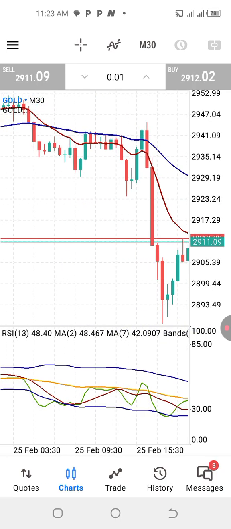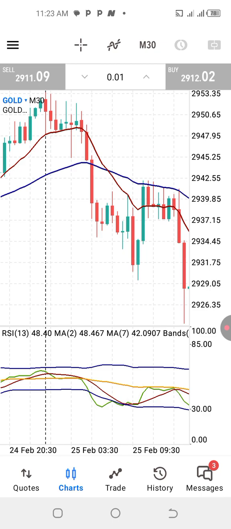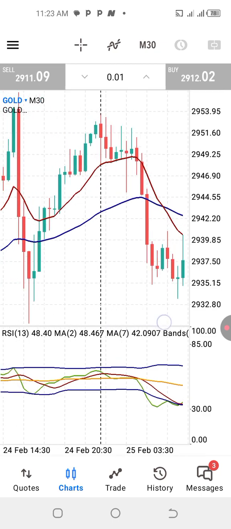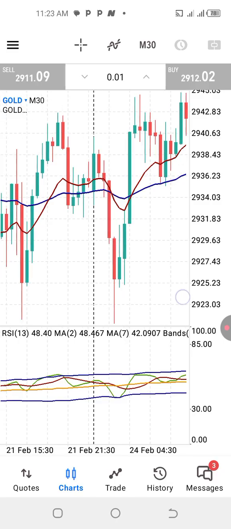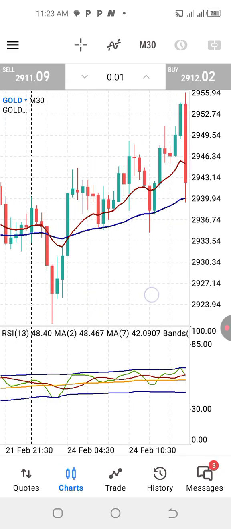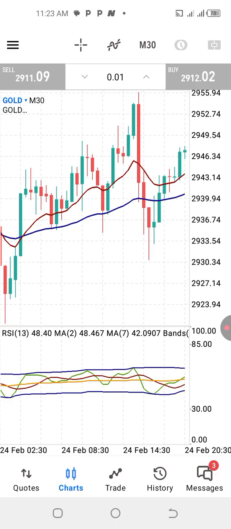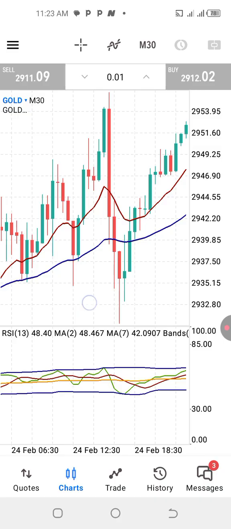As you can see, there is a blue line and also a red line on top on the main chart. This forex trading strategy works well on H1, which is the 1 hour time frame. It works on other time frames too, but I have seen it effective on H1 and also M30.